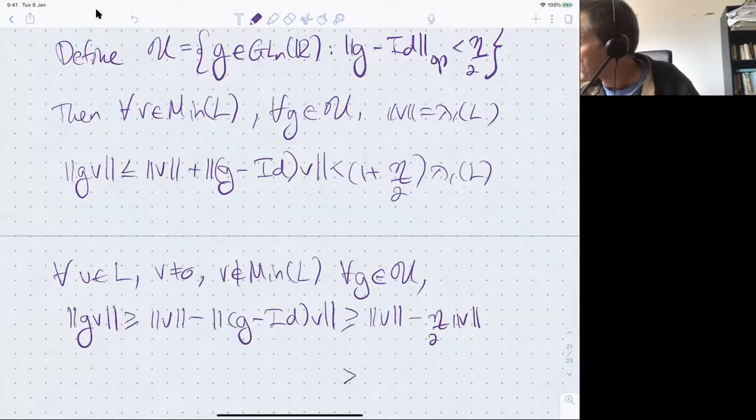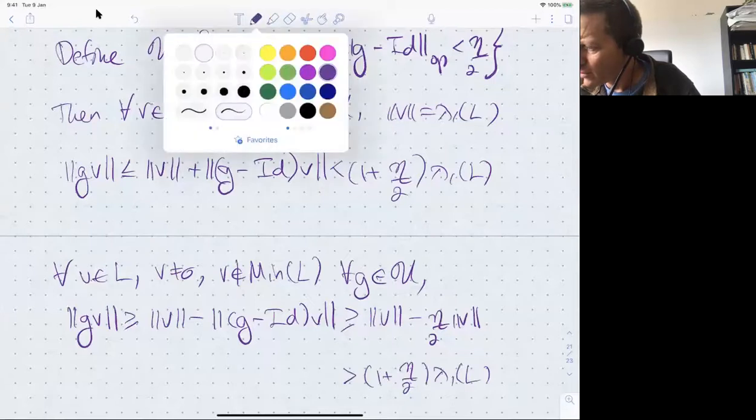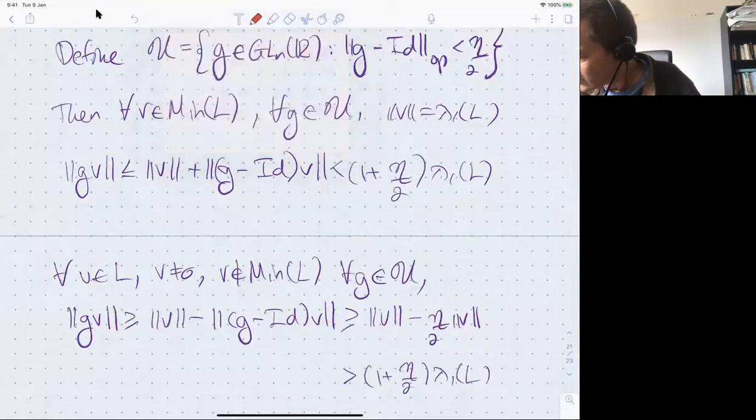I don't want to spend too much time on this. I think there might be a little issue here with this constant, so this will be corrected in the notes.